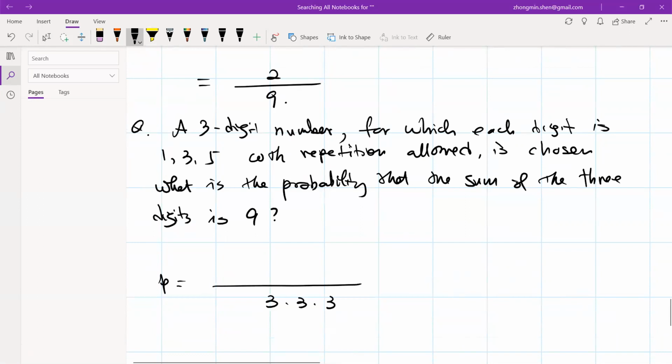The numerator could be 1 plus 3 plus 5, which is 9, but there's also 3 plus 3 plus 3, which is 9. Got it? Any other possible case? No?